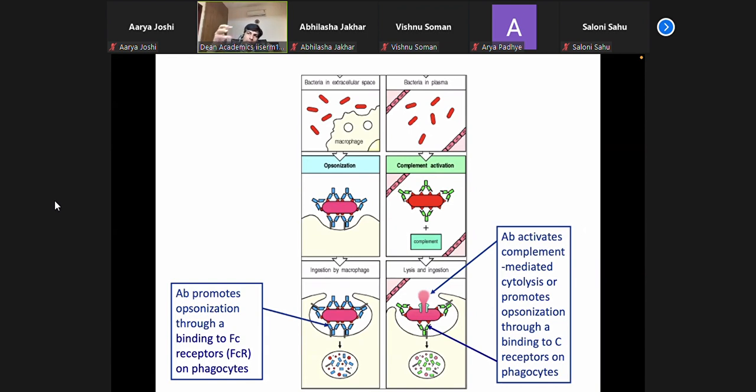And those complement components can also bind to microbes. And because the complement receptors are present on your innate immune cells, that can also promote phagocytosis. The components of the complement system which bind to the surface of this microbe and help internalization are called opsonins.